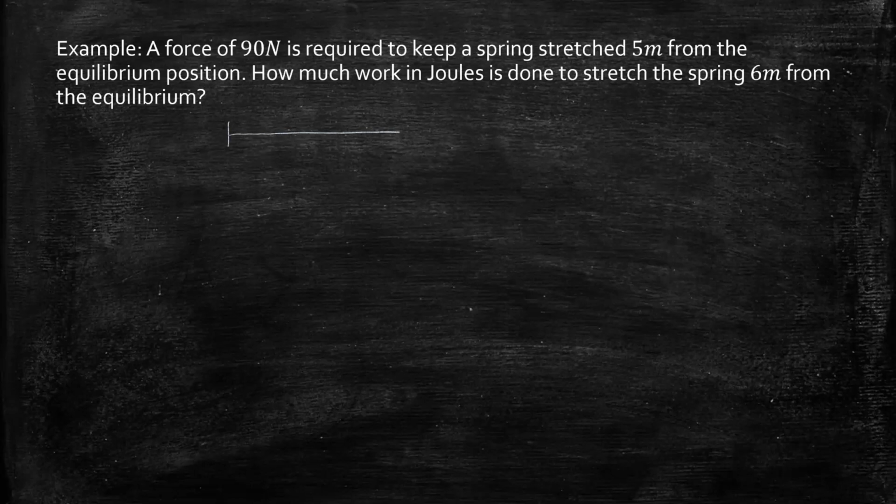We have some sort of spring. We automatically draw the x-axis with equilibrium being at the origin. If it requires 90 newtons to stretch the spring 5 meters, we're going to use that fact to compute k, using this equation here, F is equal to kx.